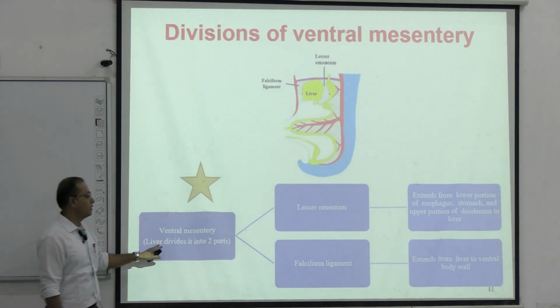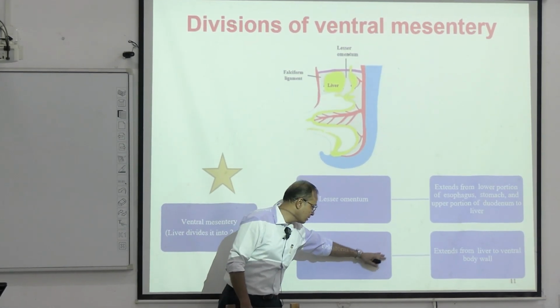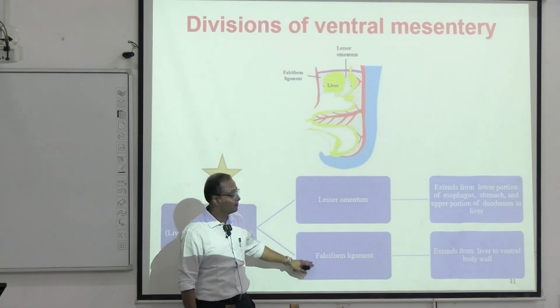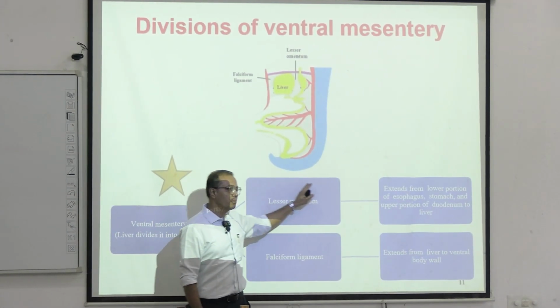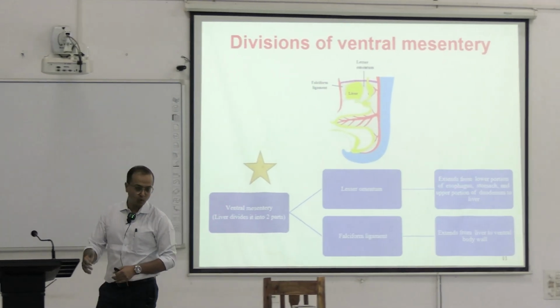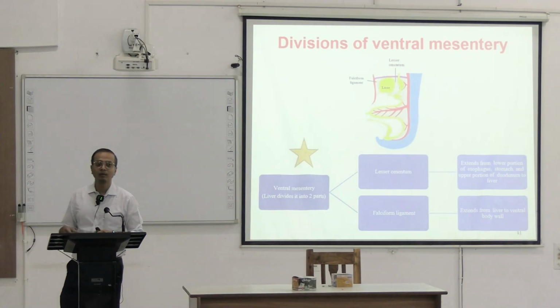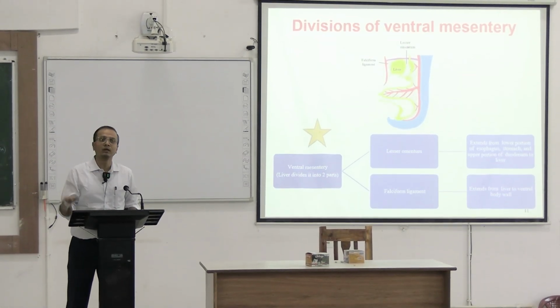The part in front, between the anterior body wall and the liver, becomes the falciform ligament, and the part posterior to the liver and in front of the stomach becomes the lesser omentum. So this is how the lesser omentum and the greater omentum related to the stomach have formed, and this is how the falciform ligament has formed.